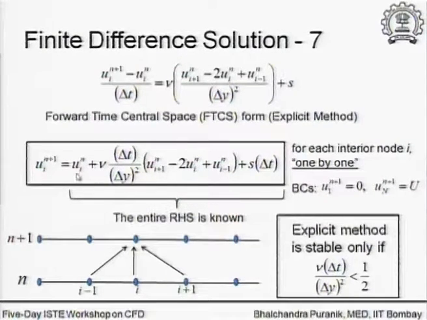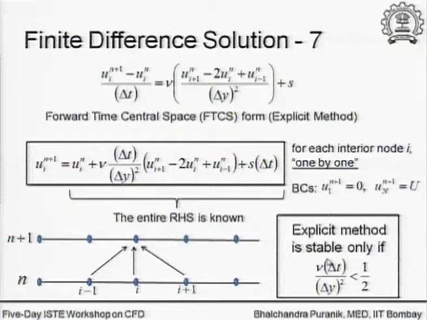I am utilizing its value at the previous time level and the neighbor values at the previous time level. If you see that, that is exactly what is written on the right hand side, and these arrows are supposed to simply say that this information is getting used to compute the value of u at this grid point for the next time level, and so on for the entire set of interior grid points one by one. Very simple, actually the explicit method is by far the most simple way of coding it.